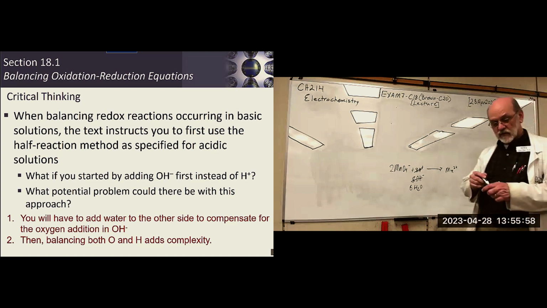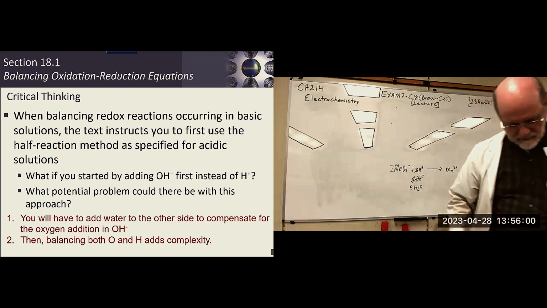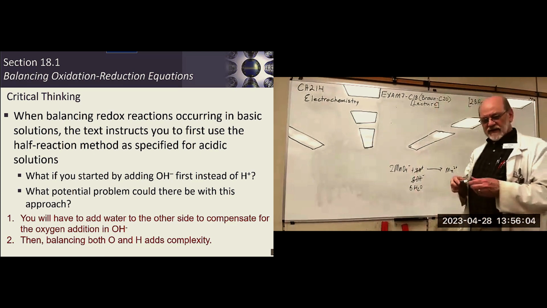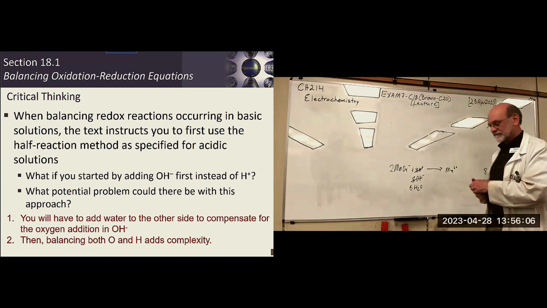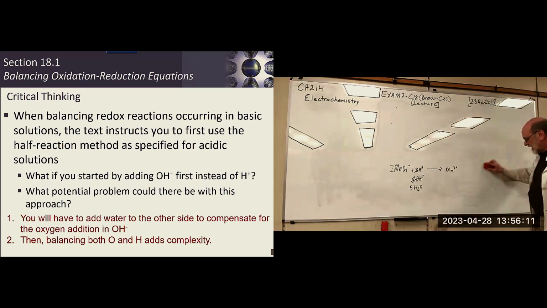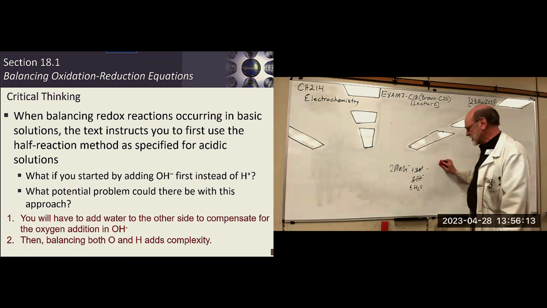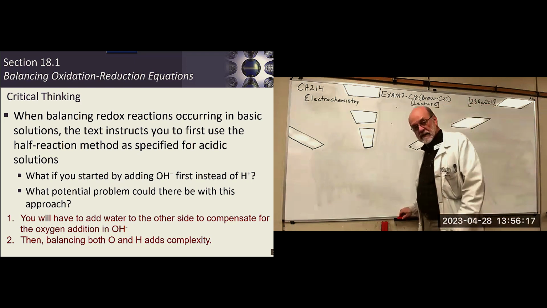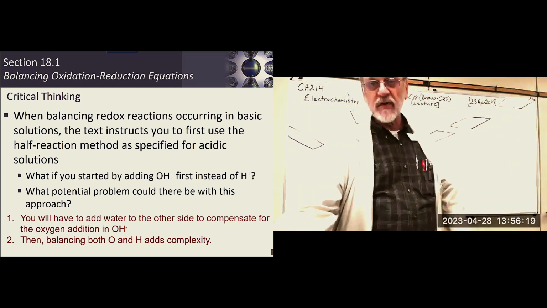I guess that could work. But I don't think it's quite as reliable as the fake acid method. That's why I stick with the acids. It goes much more smoothly if we use acid first and then convert it.